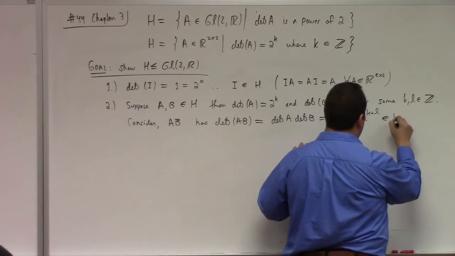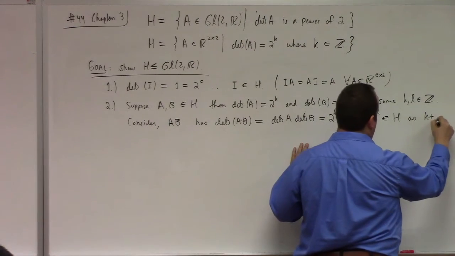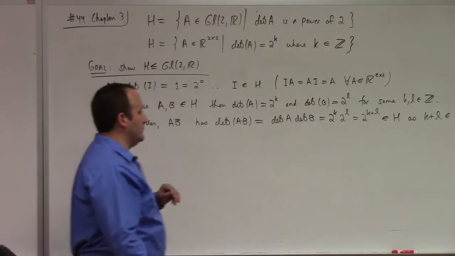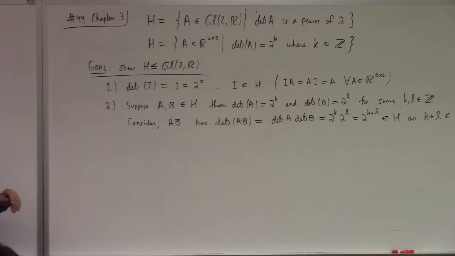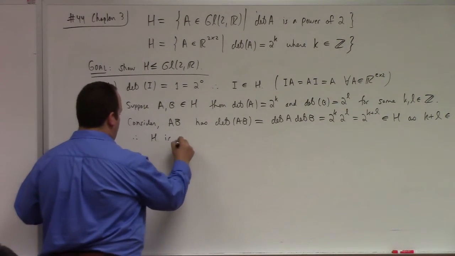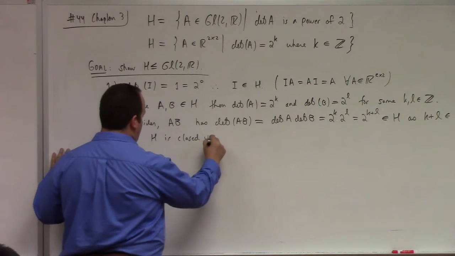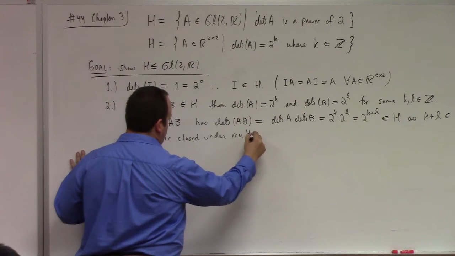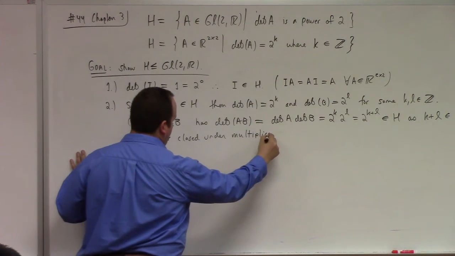So that's an element of H, as k plus L is an element of Z. Therefore H is closed under multiplication.